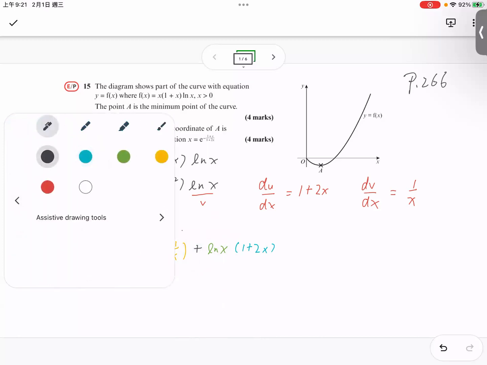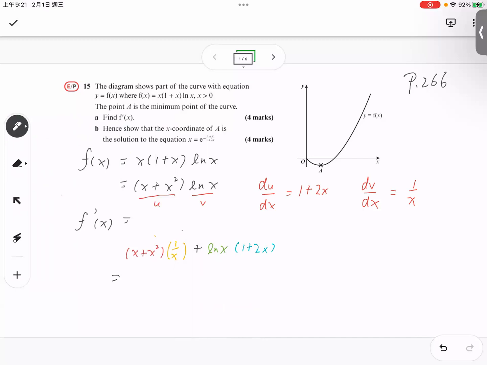First, we factorize x to get (1 plus x) times 1 over x, plus (1 plus 2x) times ln x. Then we can simplify that to 1 plus x plus (1 plus 2x) ln x. This will be the answer of part A.